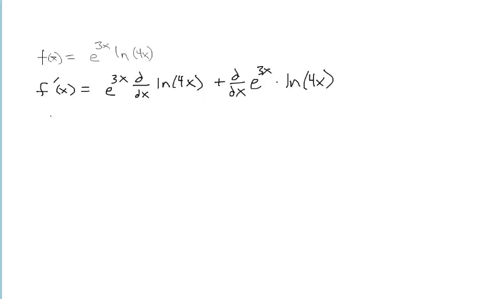And now we take our derivatives. So we have f prime of x is equal to e to the 3x times, now we have ln of 4x, so I put my bar and put my 4x on the bottom, and the derivative of 4x is equal to 4, plus the derivative of e to the 3x is the rewrite times the derivative of the exponent. So we have 3e to the 3x times ln of 4x.